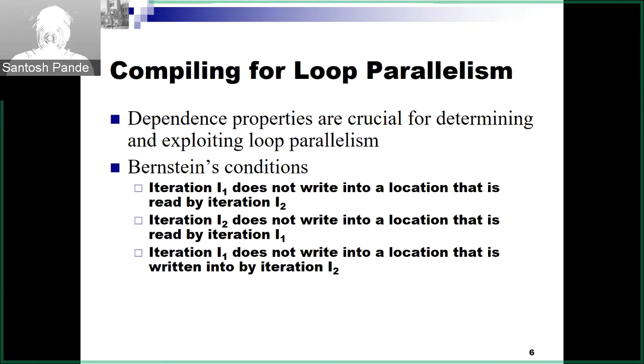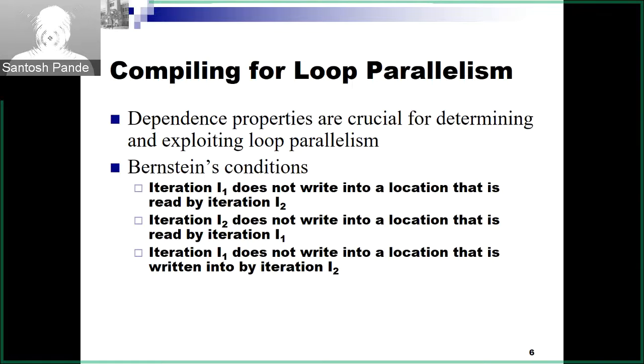So if you collect the L values in iteration I1, in iteration I2, and in iteration I3, analyze them and intersect them with each other pairwise, we should find that those L values must be distinct, disjoint, for different iterations.